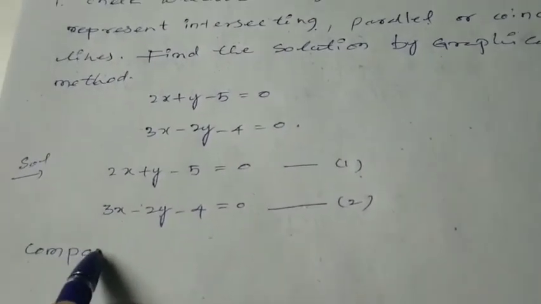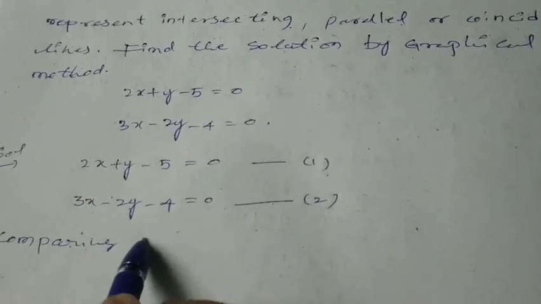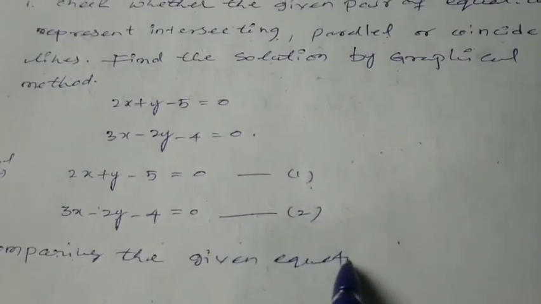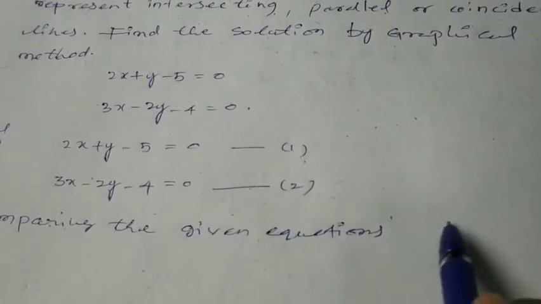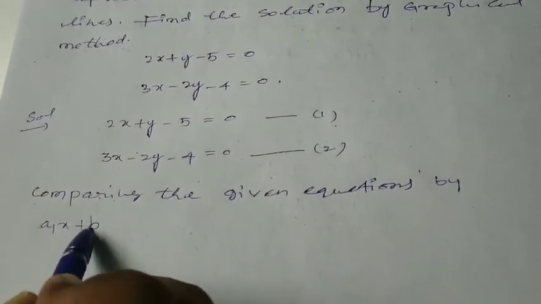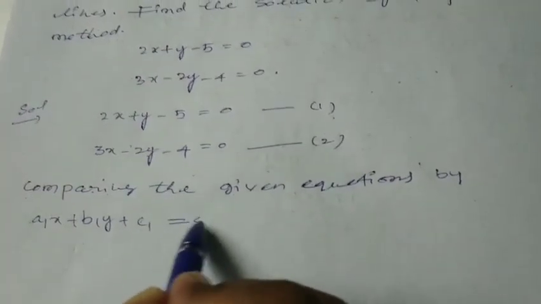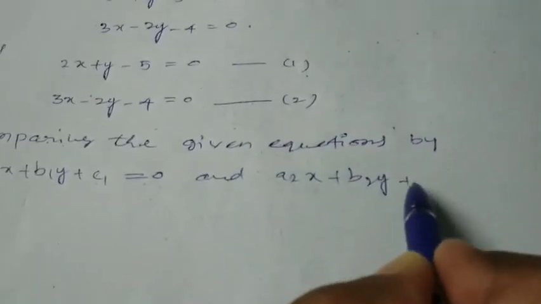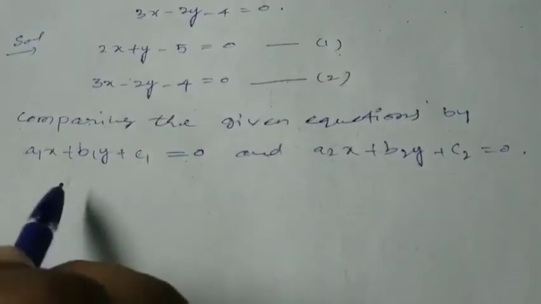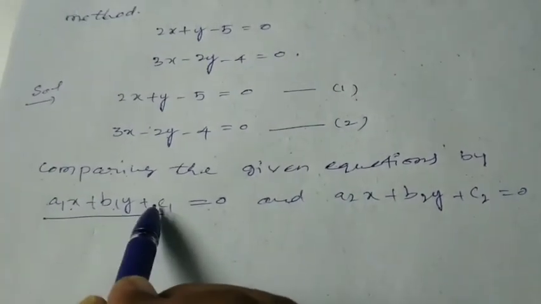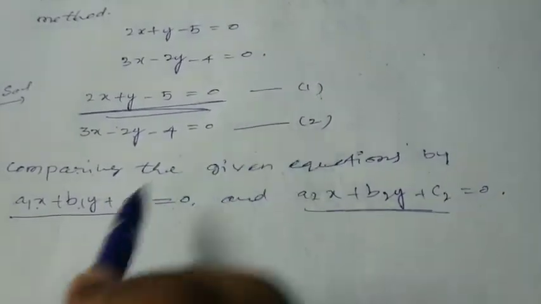Comparing the given equations with a1x plus b1y plus c1 equals 0 and a2x plus b2y plus c2 equals 0: the first equation is compared with the first, and the second one is compared with the second equation.